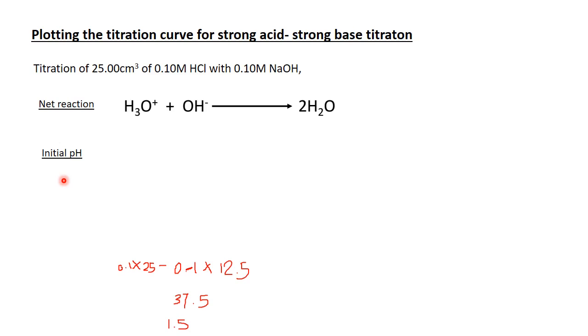When we consider the initial pH, it is totally based on the concentration of HCl. So the initial pH is equal to 1 as the concentration of HCl is 0.10 M. Because of that, the initial pH is equal to 1.